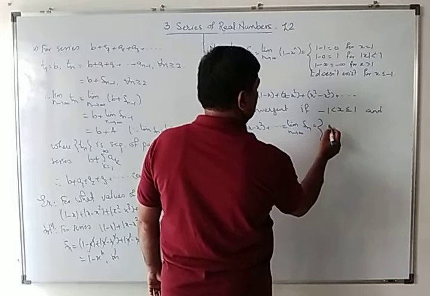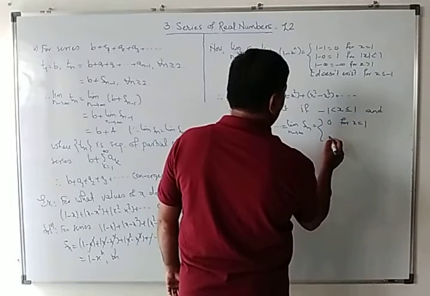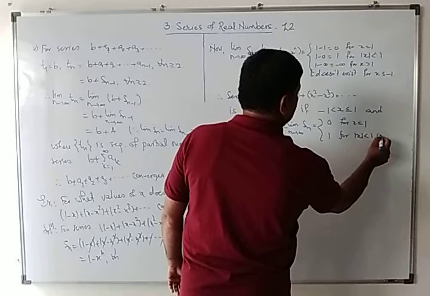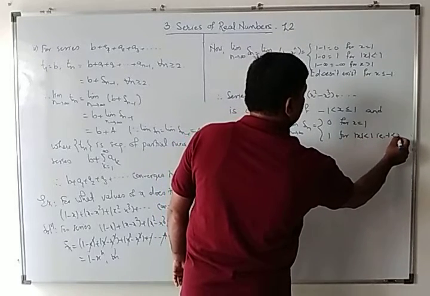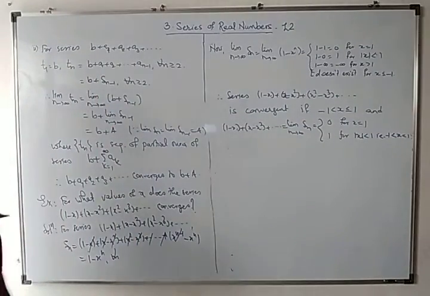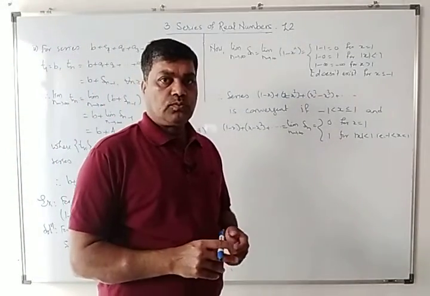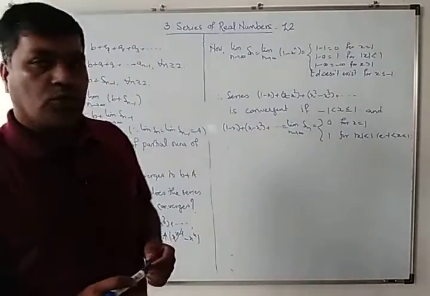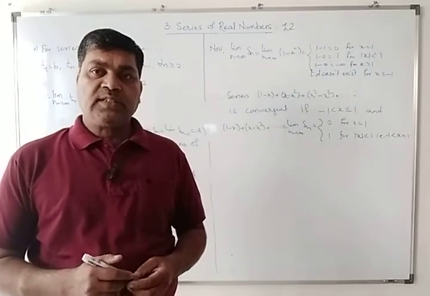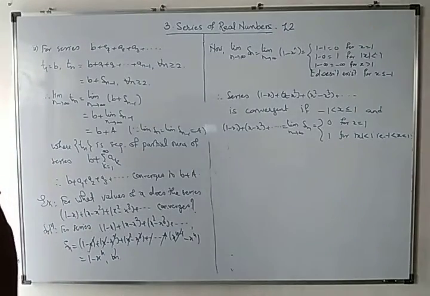This is equal to 0 for x is equal to 1 and it is 1 for mod x less than 1, that is, minus 1 less than x less than 1. We will get this. So, with this example, we will stop our session here. Thanks for listening to the lecture carefully.